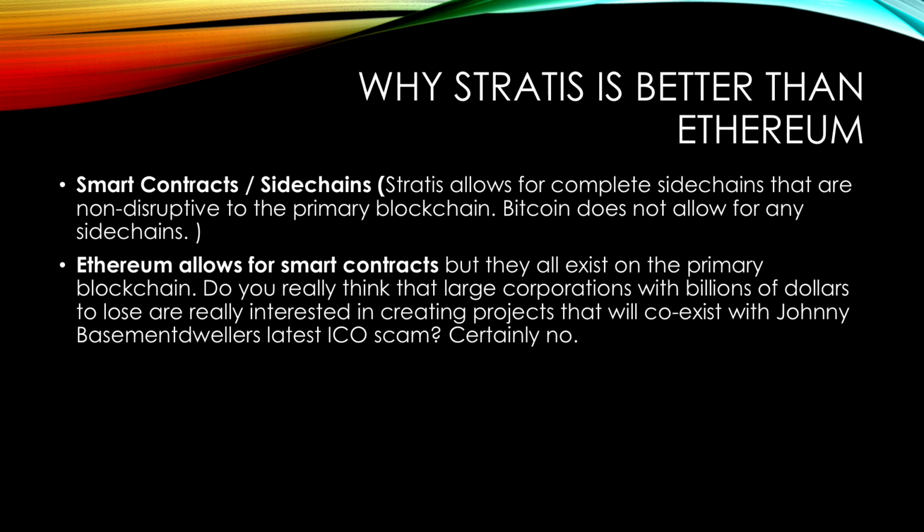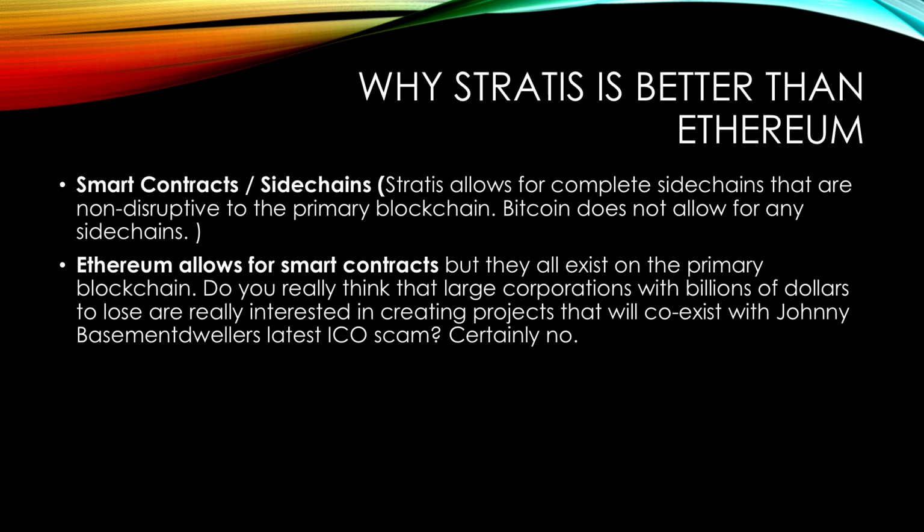So with Stratis, companies, organizations, apps, platforms are going to be able to use a sidechain. They're going to have their own particular sidechain. So it's more like you're able to build your own platform using the Stratis network. You're going to build it on the Stratis blockchain, but within the blockchain there's going to be your own particular sidechain. It's more like a road, right?